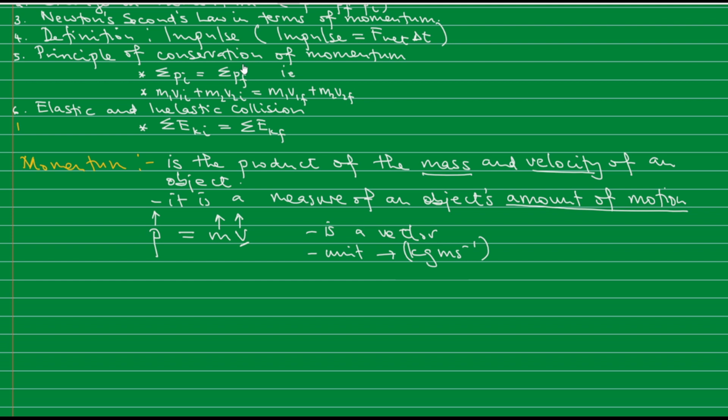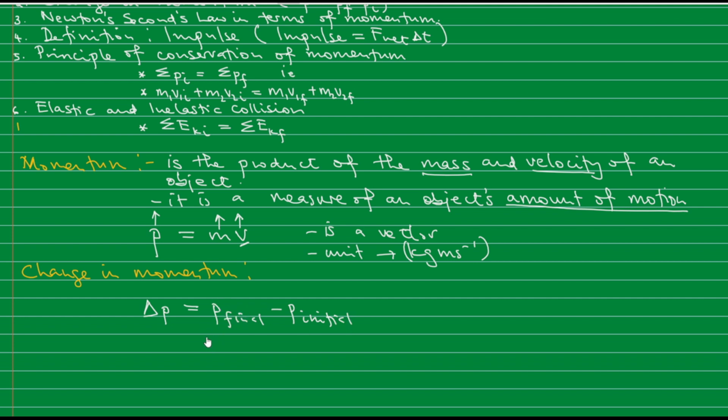Then secondly, when the velocity of an object changes, the momentum will also change. So here we are talking about the change in momentum. So we can calculate change in momentum as delta P, which is equal to the final momentum, P final, minus the initial momentum, P initial.